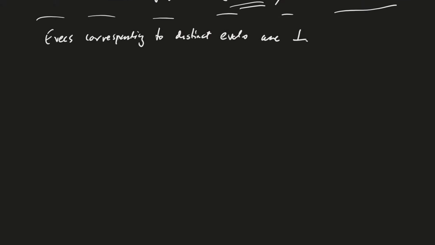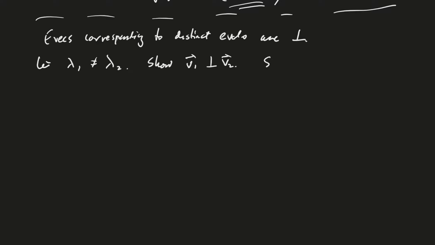The way we're going to do that is we're going to let lambda 1 be not equal to lambda 2. Those are going to be our distinct eigenvalues. We're going to show that the corresponding eigenvectors are orthogonal, which means that we're going to show that the dot product is equal to 0, right?